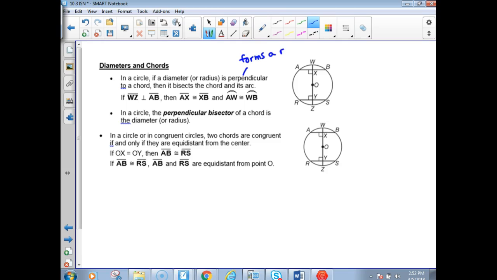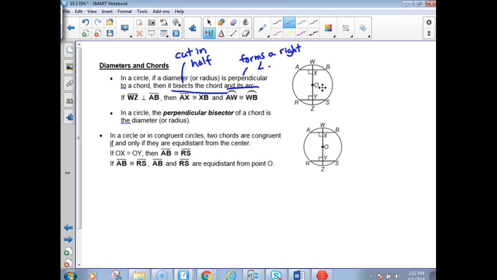We've only used the word perpendicular since the first couple of weeks of school. And it's now April. So forms a right angle. So if you see that, then that chord got cut in half. It bisects the chord and its arc. Bisect means cut in half. Should know that word as well.